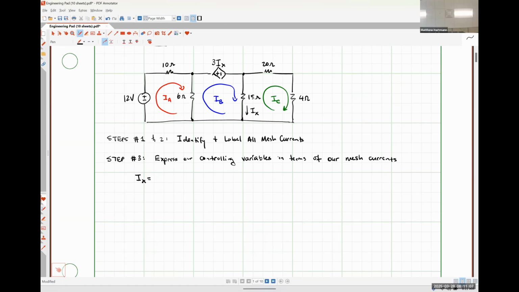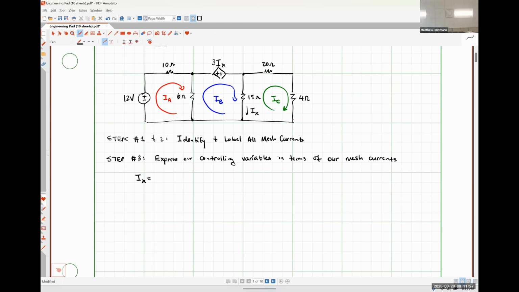So what I mean by that specifically is, as we follow that mesh current IB around its clockwise path, when it hits that branch containing the 15 ohm resistor, IB is going to be flowing down. That is in the same direction as the arrow that's indicating the direction of IX.